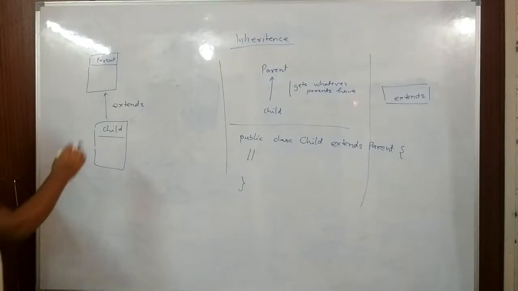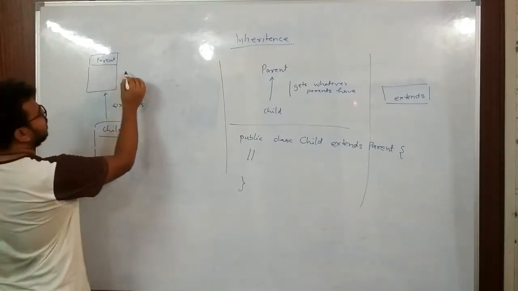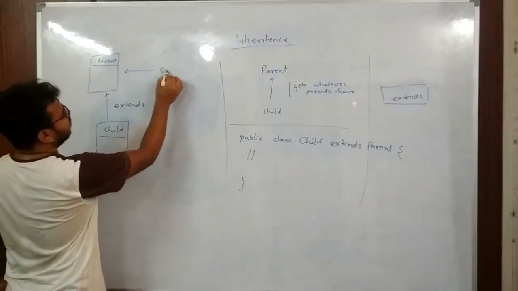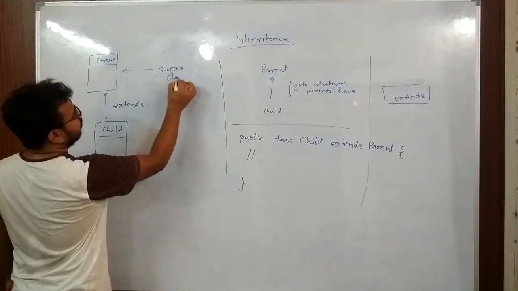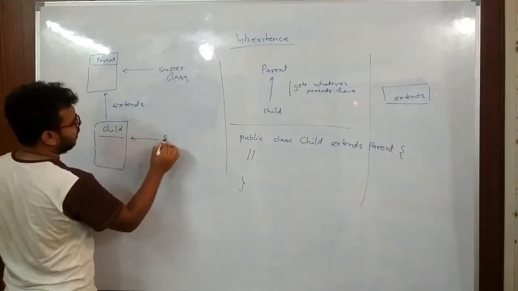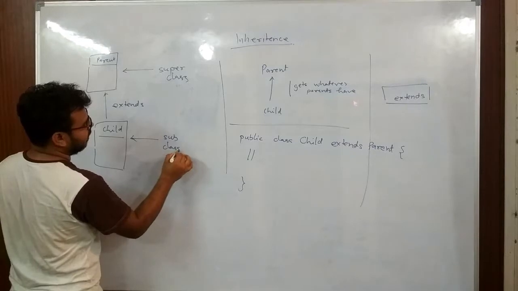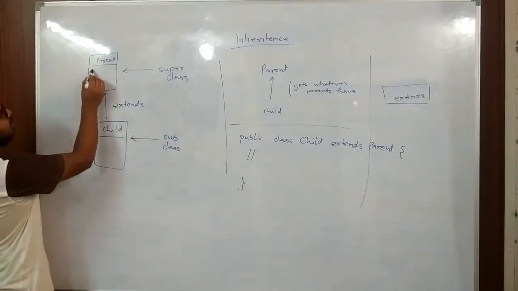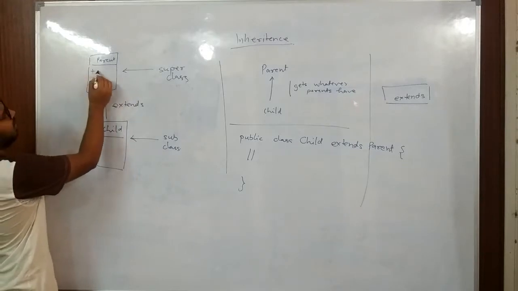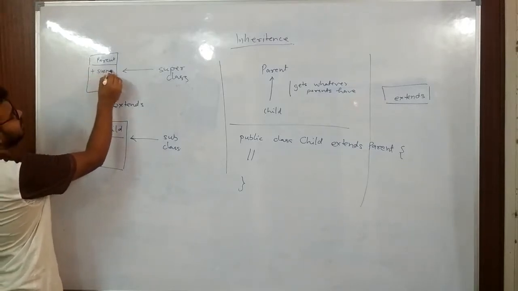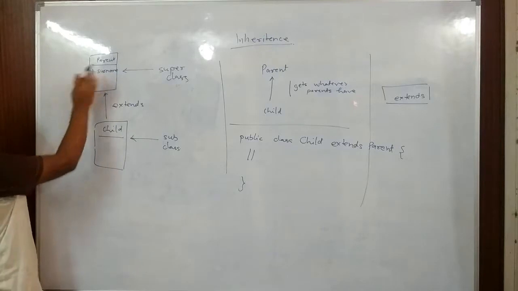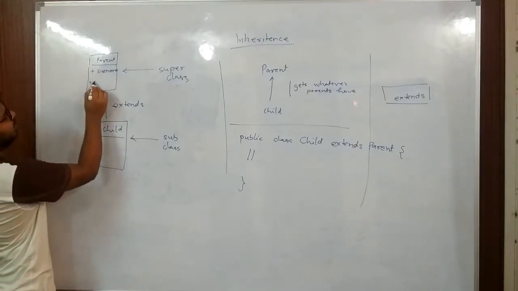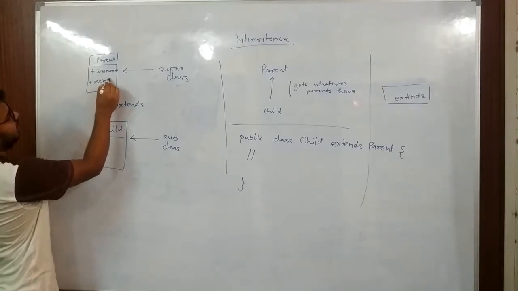In this case, the parent is called the superclass, and the child is called the subclass. Suppose the parent has an instance variable surname, and a method assignProperty.